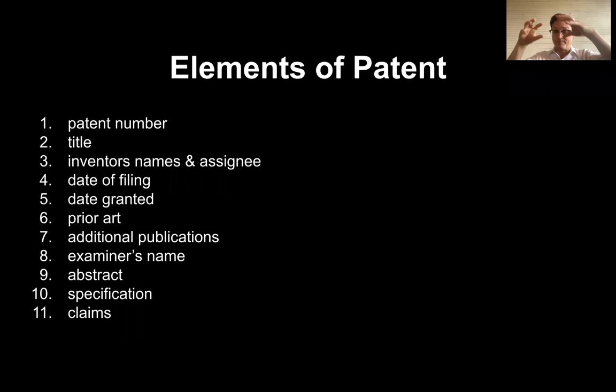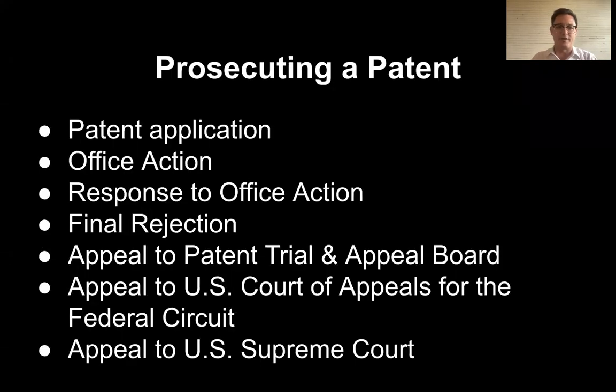Right? So the patent claims define the scope of the property right, and they also define what can potentially infringe the patent. In other words, you only have infringed the patent if you do what the claims specify without the permission of the patent owner. And we'll talk about that extensively in upcoming classes.